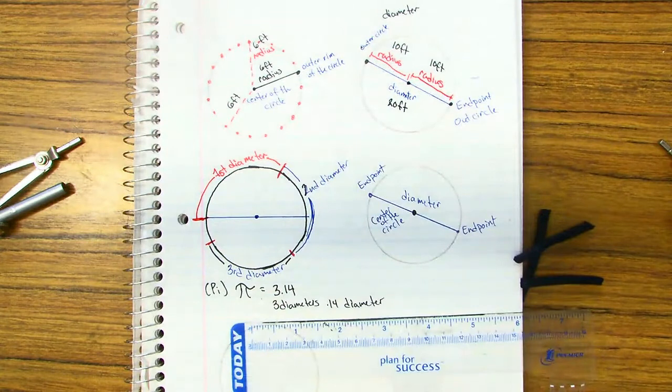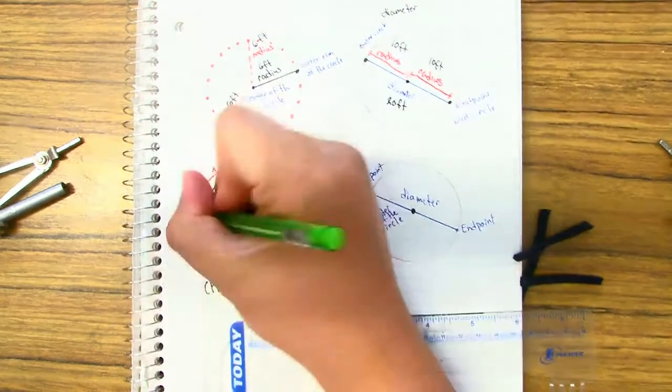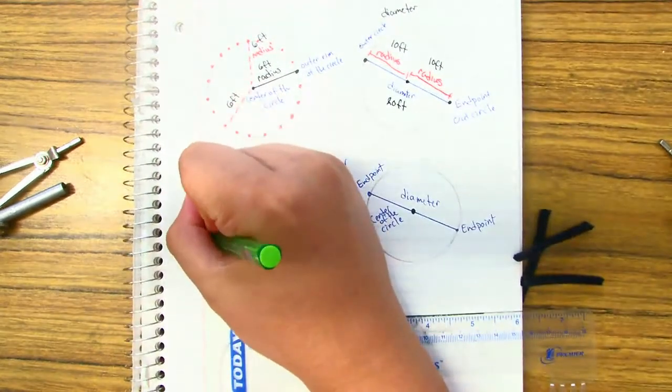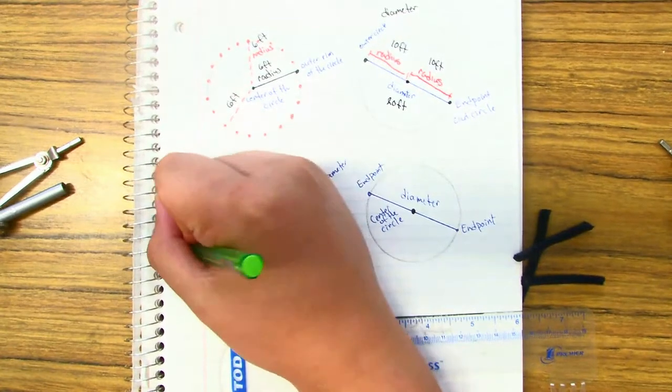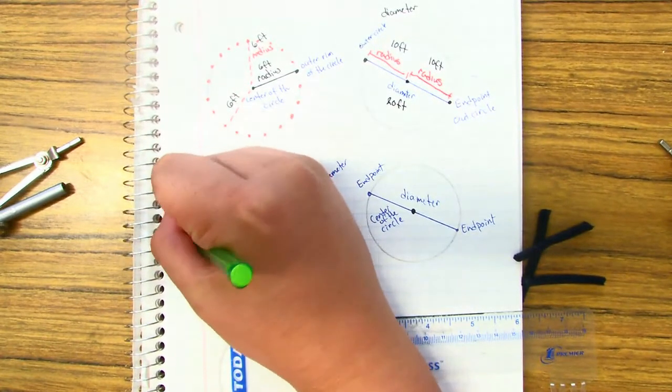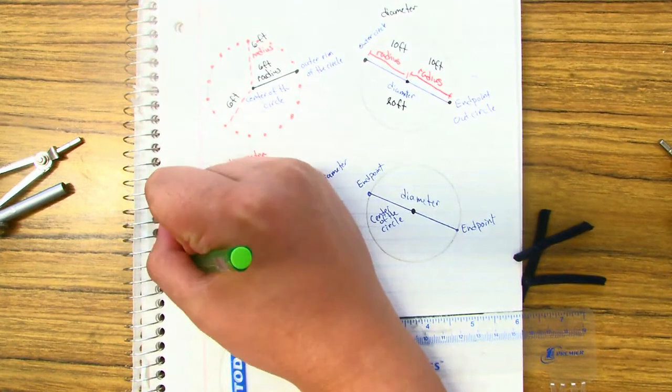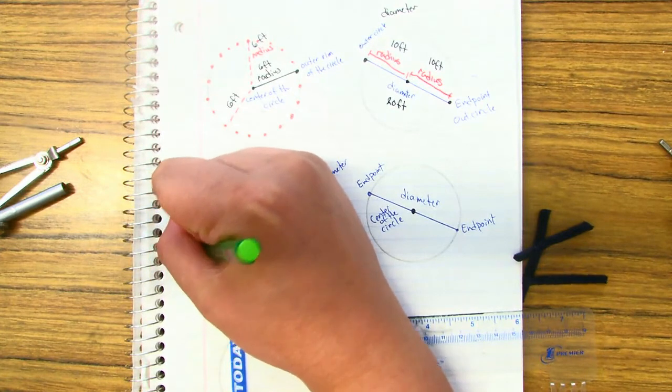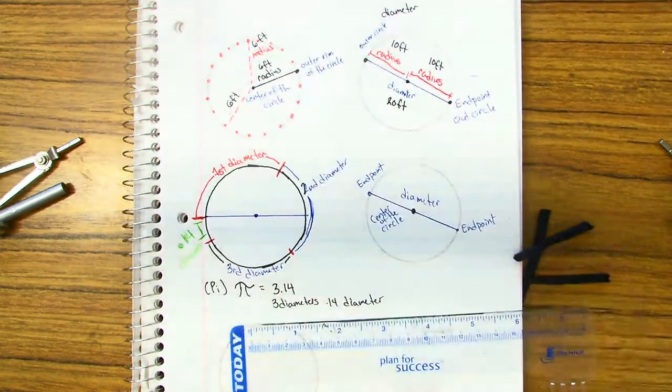What is the value of the remaining part? The value of the remaining will be 0.14 of the diameter. Does that make sense? I hope so. It's a cool theory.